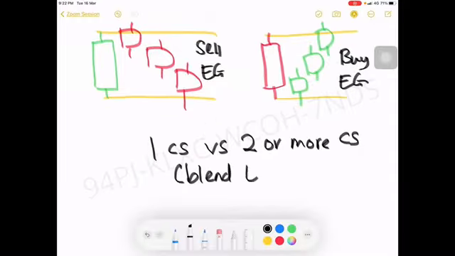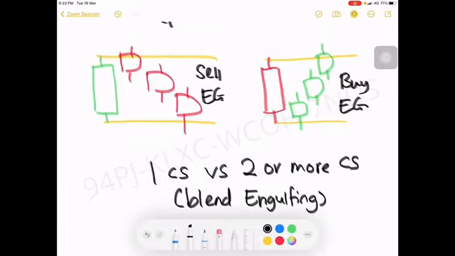One candlestick or more candlesticks, we can call it engulfing.